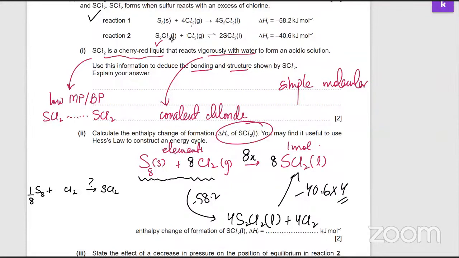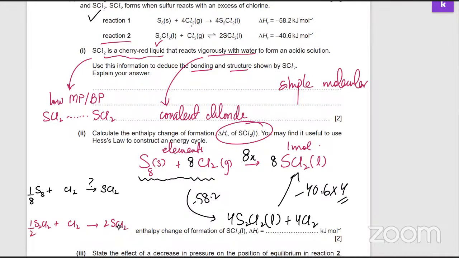So I'm going to write the reaction number 2, which is S2Cl2 plus Cl2, and it forms 2SCl2, right? This one. Again, I wanted to make one SCl2, so I'm going to divide this by half.